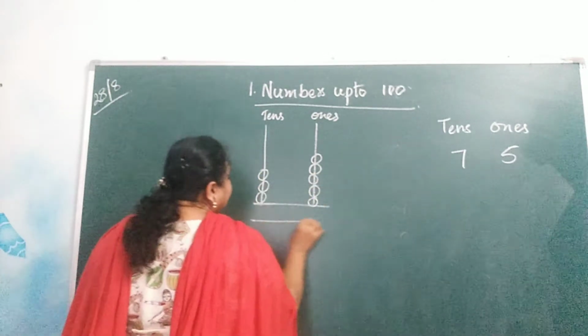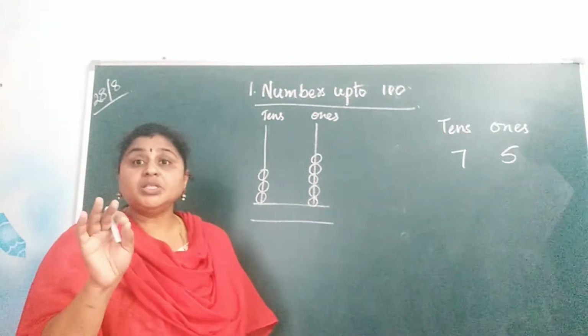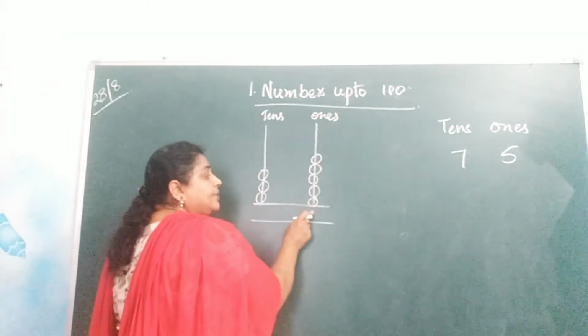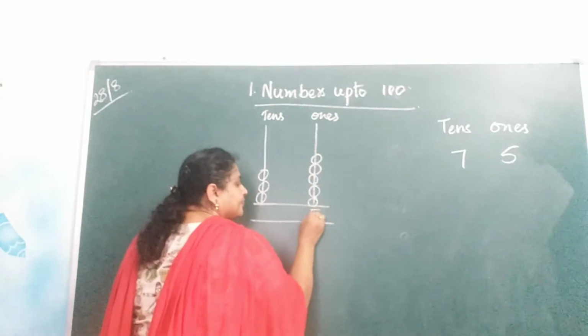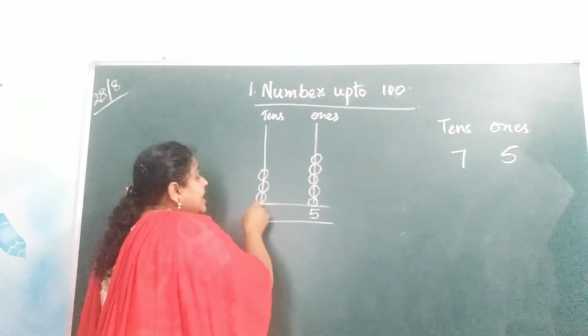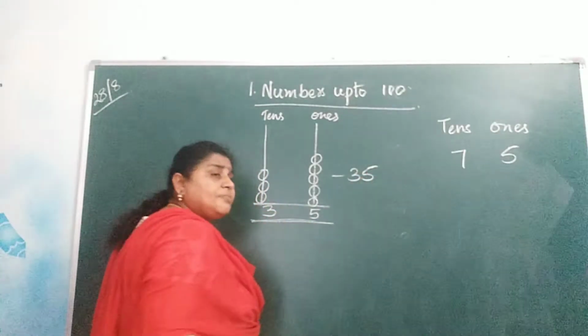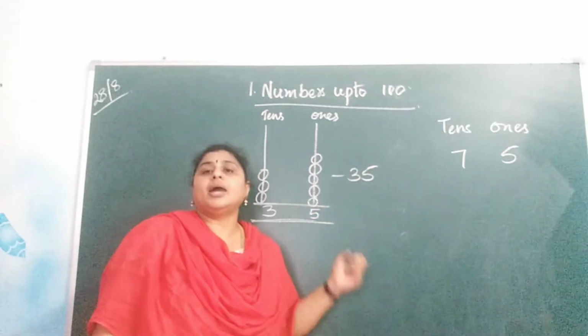Now simply you have to form the number by counting the beads. Always you should count the beads from the last, that is from the ones place. How many are there? 1, 2, 3, 4, 5. Alright, and how many are here? 3. So what is the number? 35. Simple it is. You are going to count the beads and you are going to write the number.